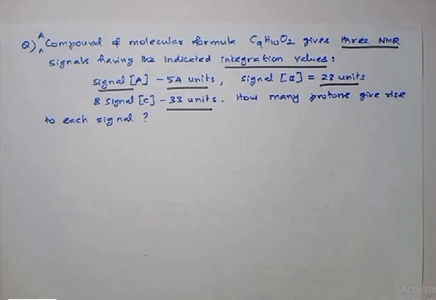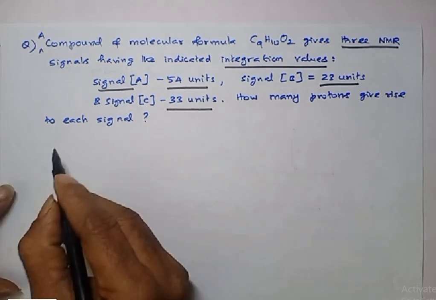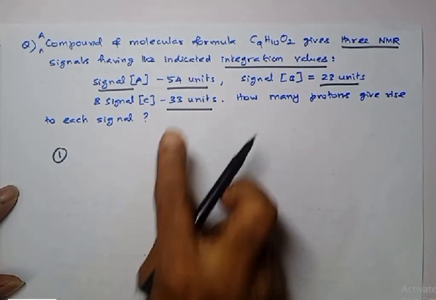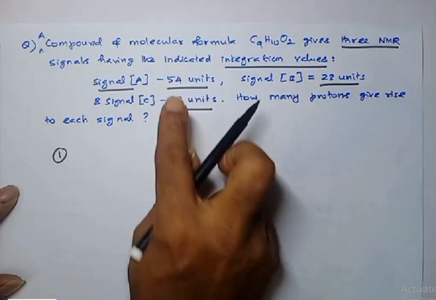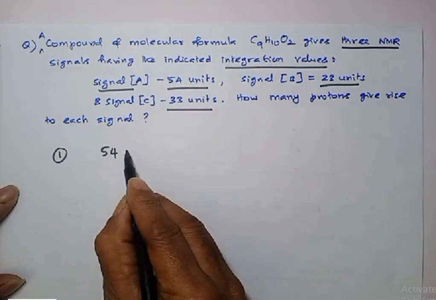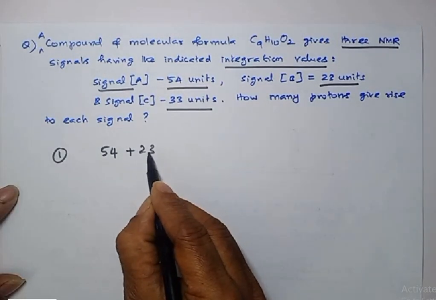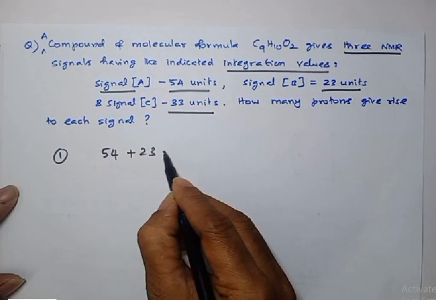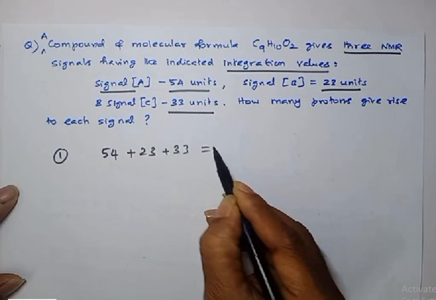What to do? It's very simple. Listen, the first step is to just add the units. For signal A, we have 54 units. For signal B, we have 23 units. For signal C, we have 33 units. Add the three values.